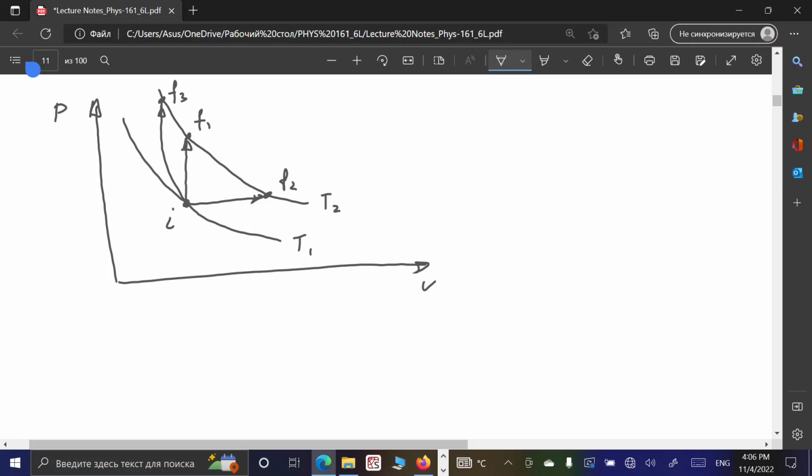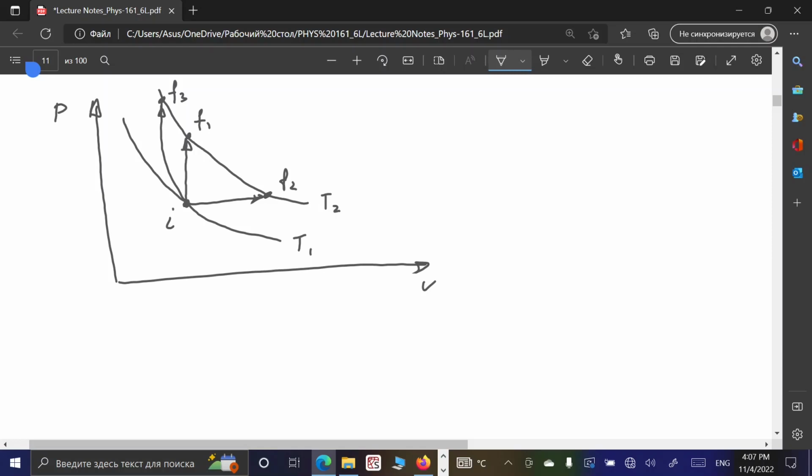So work is not the same, but change of internal energy will be the same, because no matter how we go, in which direction, we go from one isothermal curve to another isothermal curve. For all these final points, they are all on the same isothermal curve, meaning the final temperature will be the same for all these processes.